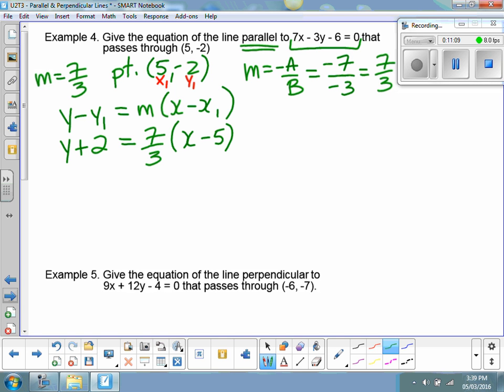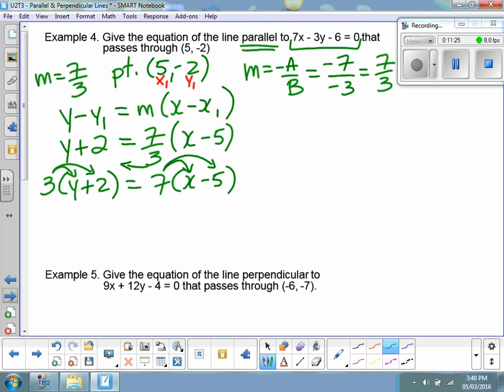And this is the point where we want to get rid of the fraction. We move the 3 over to the other side, and it's going to change to multiply. And then we can expand. Each bracket will use the distributive property, so we're going to get 3y plus 6 equals 7x minus 35.